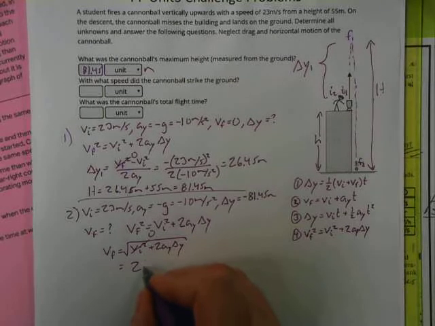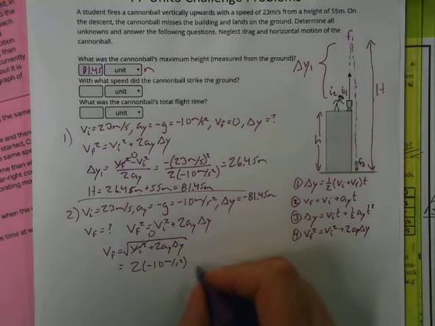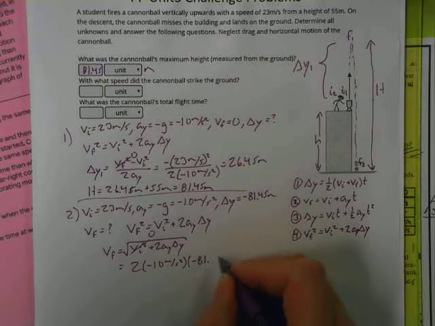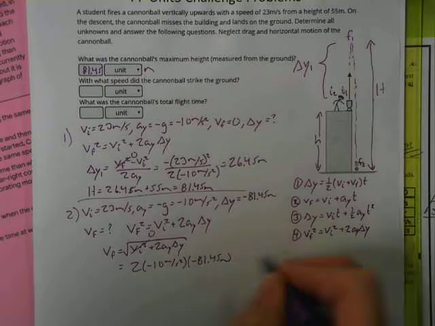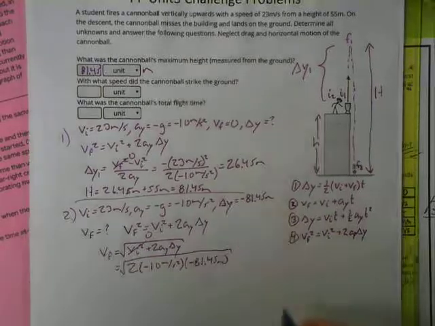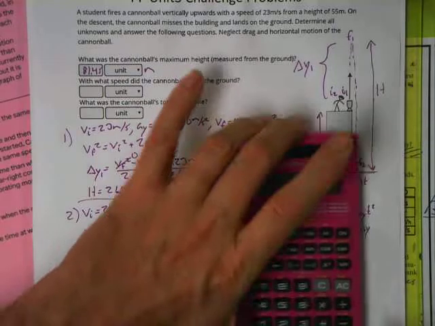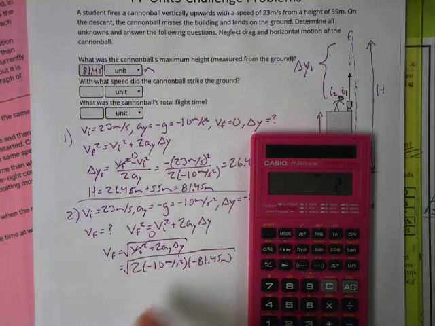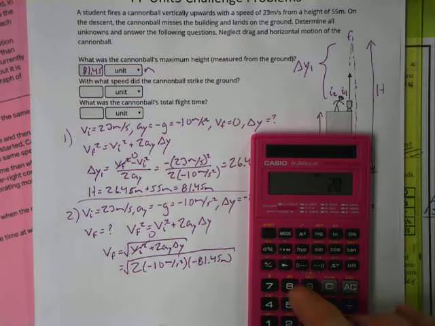So 2 times negative 10 meters per second squared multiplied by a negative 81.45 meters, square rooted, and we end up with 2 times, well, the negatives are going to cancel, 10 times 81.45.